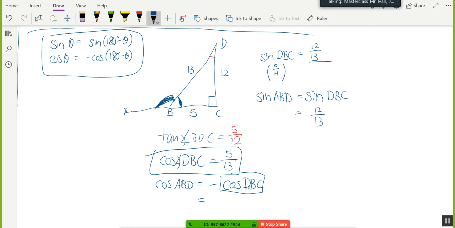I want the fraction. So it is just a fraction, negative 5 over 13. It's always a fraction, guys. Wait, so if it's in a right angle triangle, then use the Pythagoras. Yes. If it's not in a right angle triangle, then you use the brother. Use the brother. Okay?